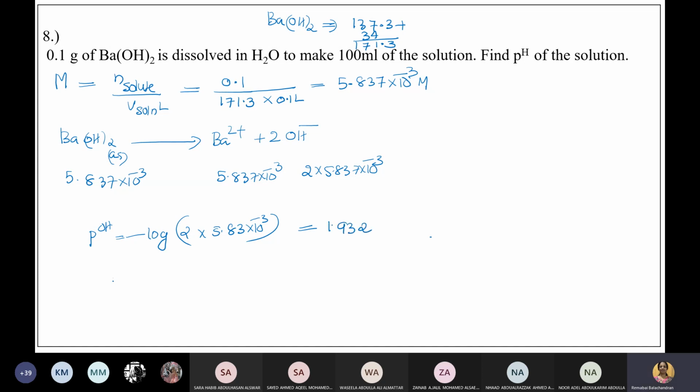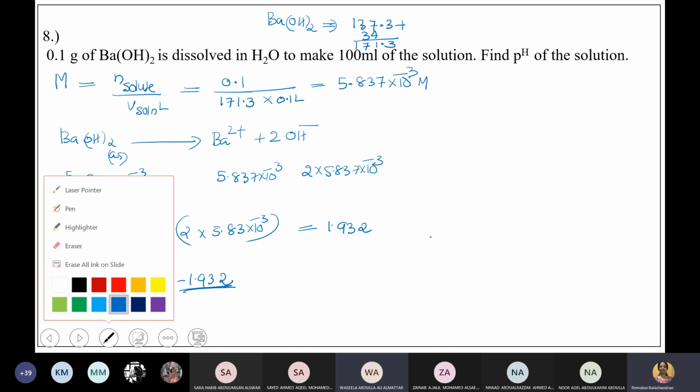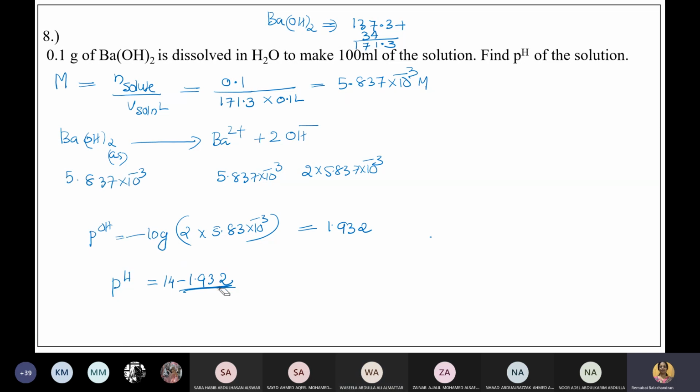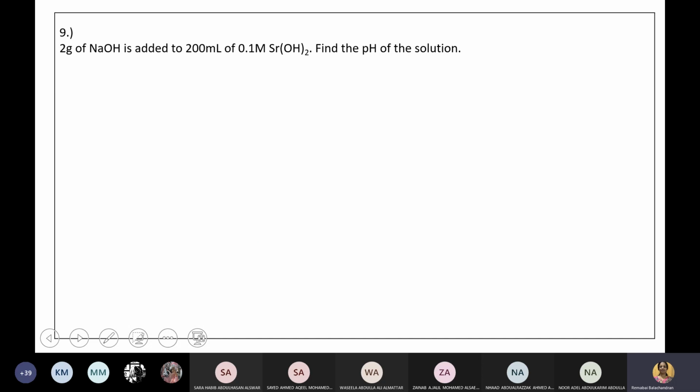Okay, so pH is equal to 14 minus 1.932. Did you understand? I hope everyone is okay. Direct simple question. If you know the previous lesson, this lesson is so nice.